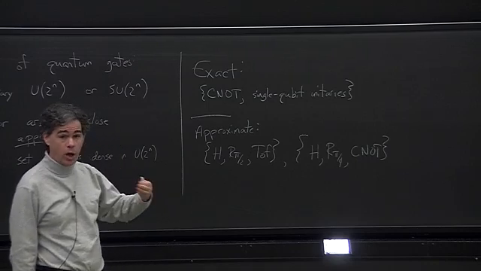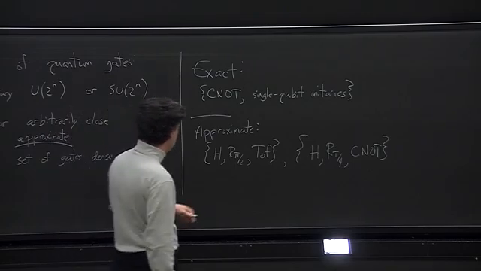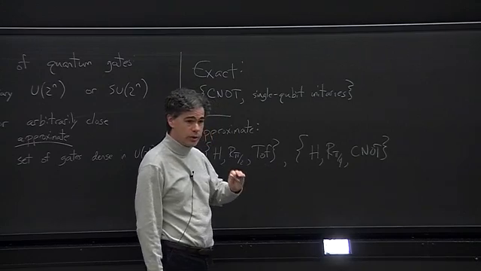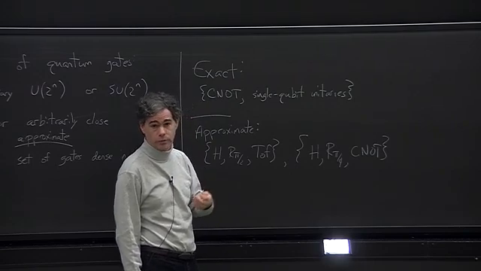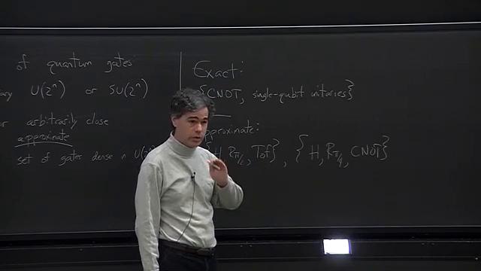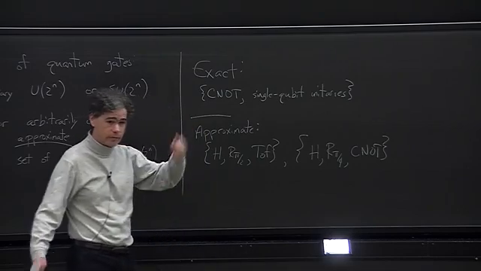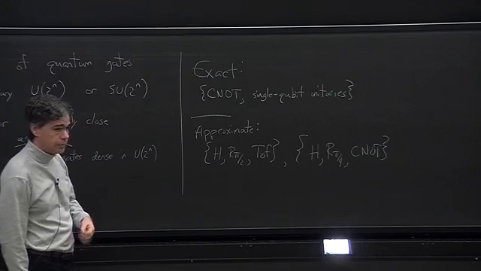And so the smaller epsilon is, the harder that's going to be. But it turns out that that part is efficient, that you can get to within epsilon with something that's polynomial in the log of 1 over epsilon. So you can really get very close with relatively little effort, at least in the limit of big circuits. OK?